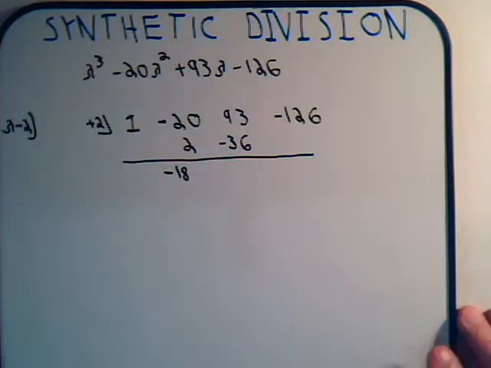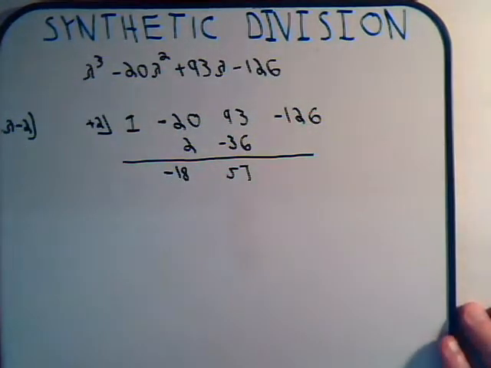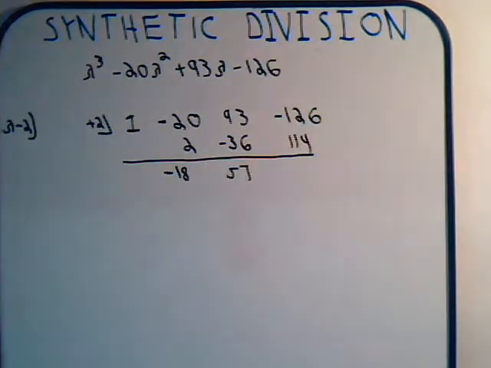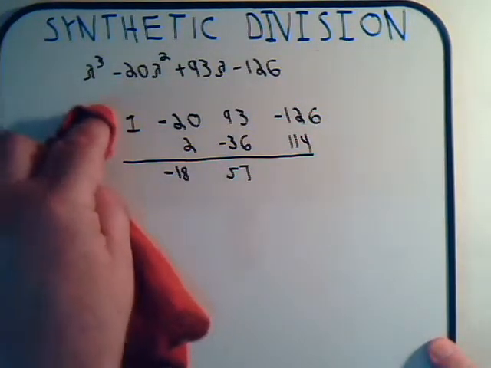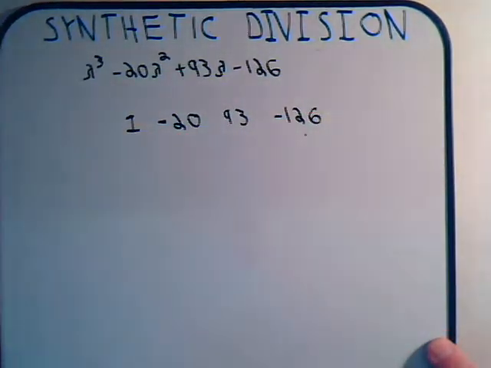And 93 minus 36, so this is plus 57. Multiply that by 2, 114. Those do not add up to 0. Move right along. What about lambda plus 2?